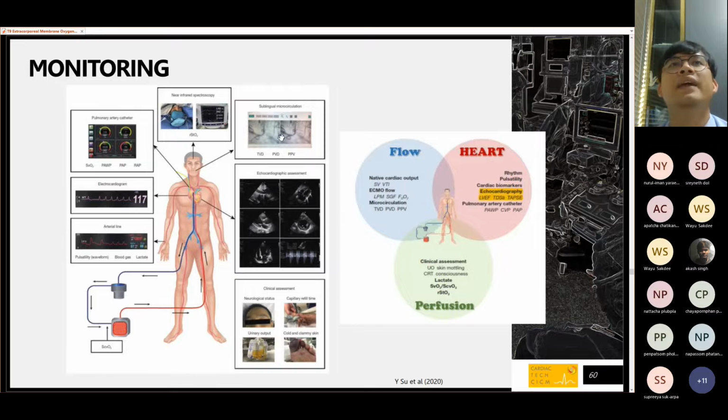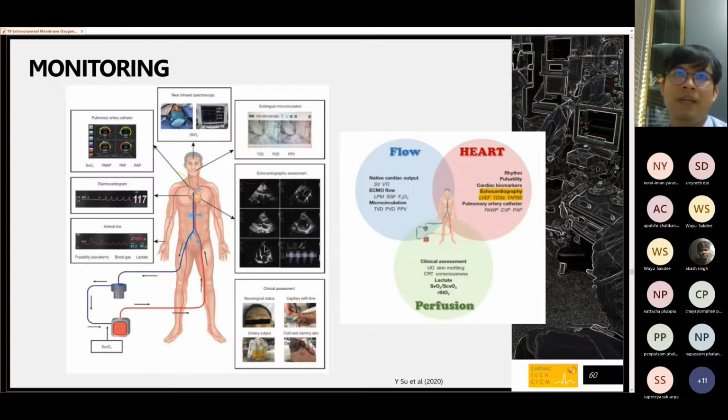And sometimes in some cases they use the sublingual microcirculation cells. They use this to investigate how the perfusion goes to the smaller circulation, like the microcirculation. So the sublingual circulation can sometimes represent the microcirculation.